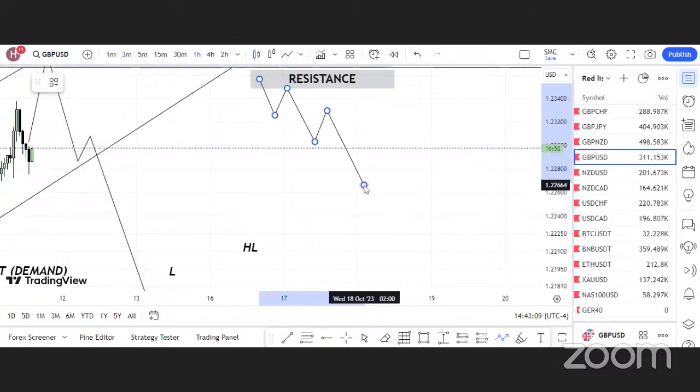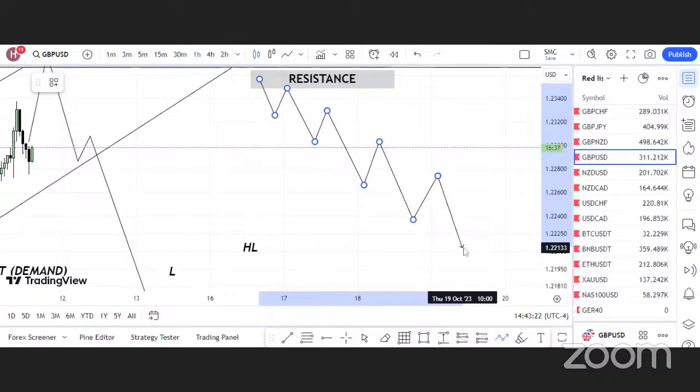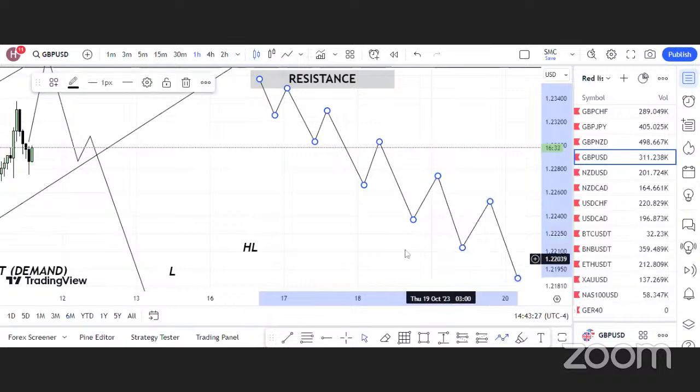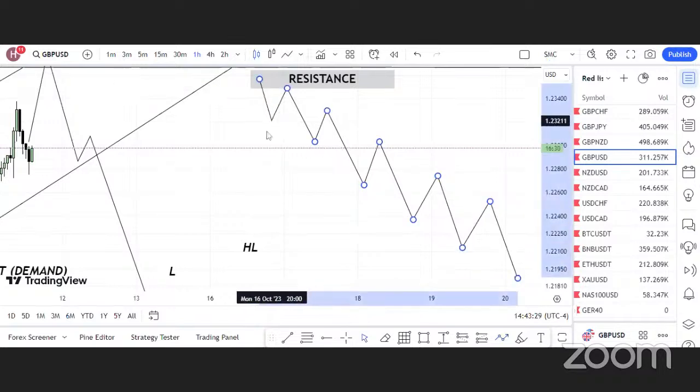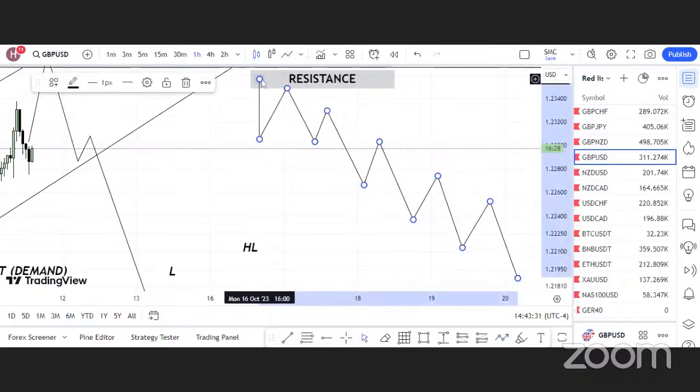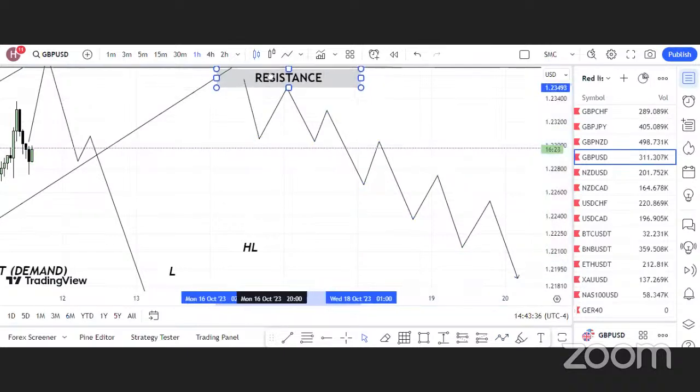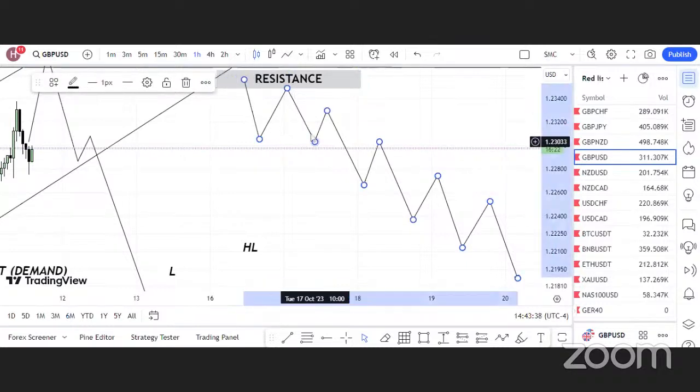Sometimes the market will just do this, and then it will continue to fall down. So let's say we have something like this because of this resistance. Let's say we have a movement like this.